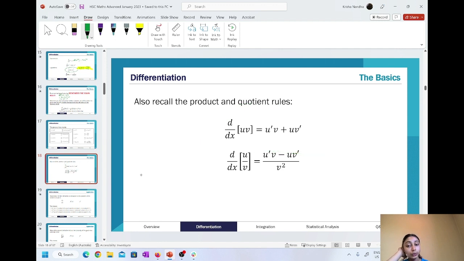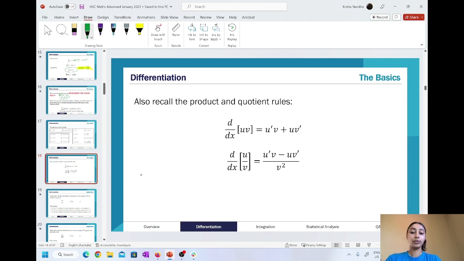And then the quotient rule would be like x plus 2 on x. Or yeah, you can use the product rule for that, the quotient rule for that, sorry. So yes, I'm hoping you guys are kind of familiar with this. If not, I'll just go through a question anyway.